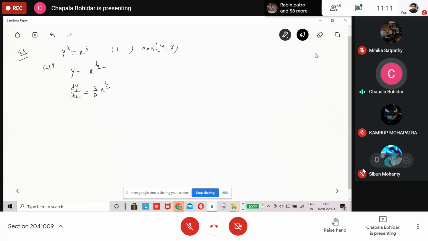So what is our arc length formula? L is equal to, since y is a function of x, what is the limiting value we consider here?